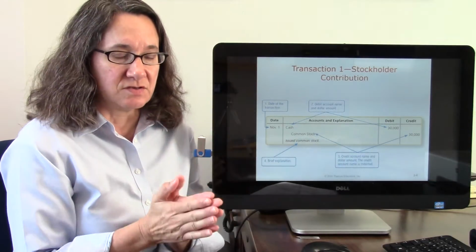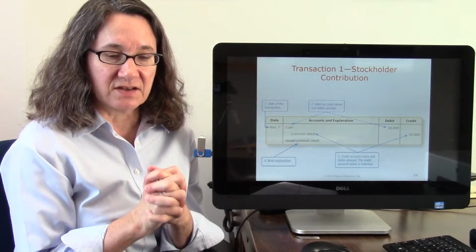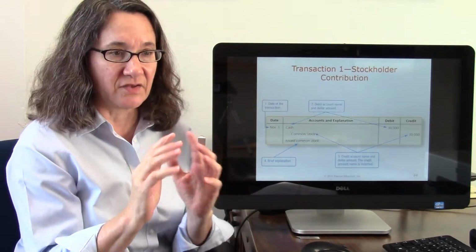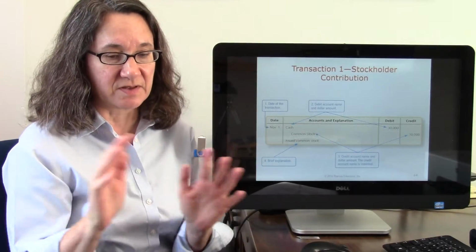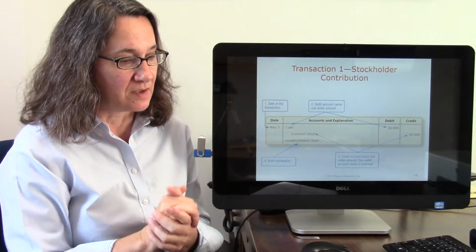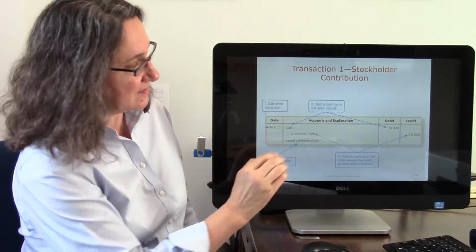So if you're an accountant tracking the transactions, the first step is to analyze. What accounts are being affected? Are they assets? Are they liabilities? Are they equity? Are they increasing? Are they decreasing? What's happening?